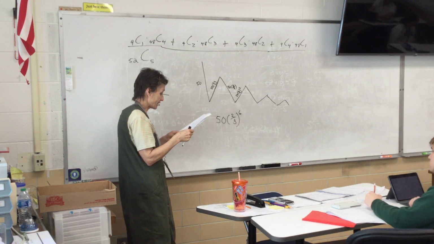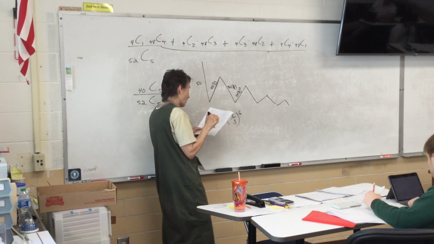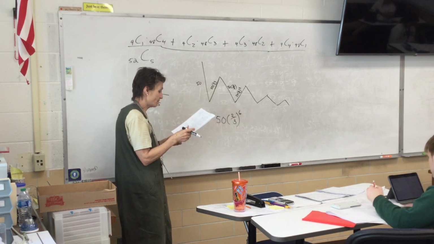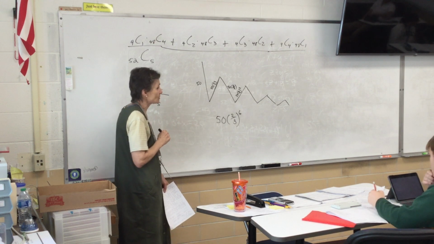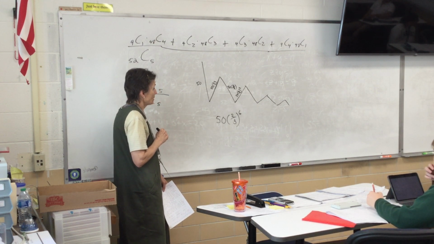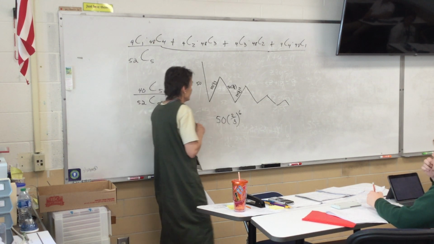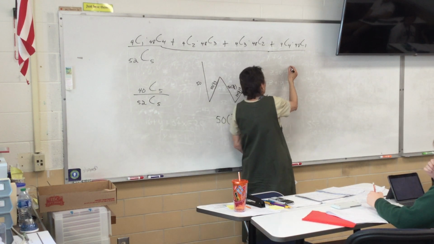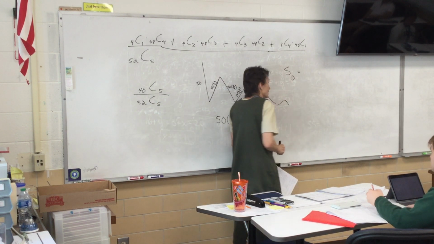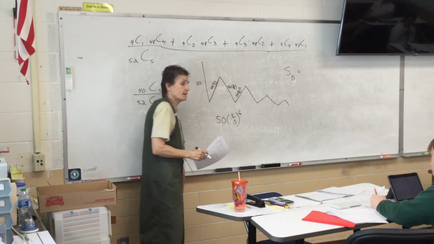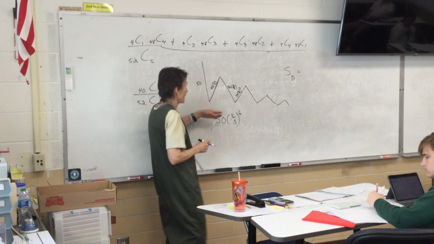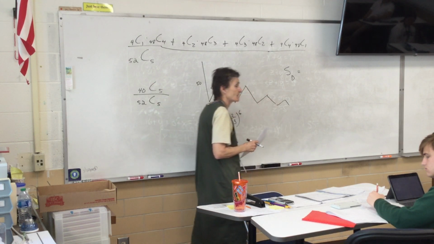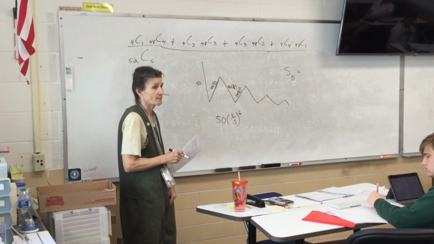Now, second question says, how far does it travel before coming to rest? So we talked about this yesterday. Let's look at the downs. What formula am I going to use? It's geometric, summing up all the downs. We're gonna find the sum of all the downs. What formula am I gonna use?